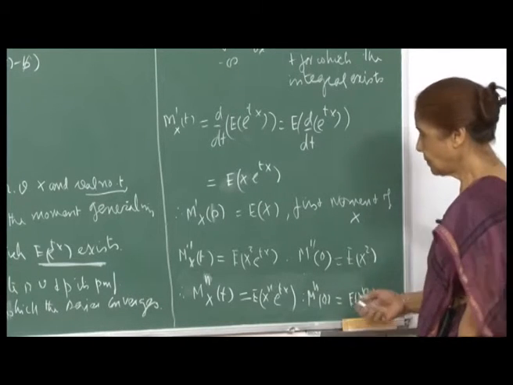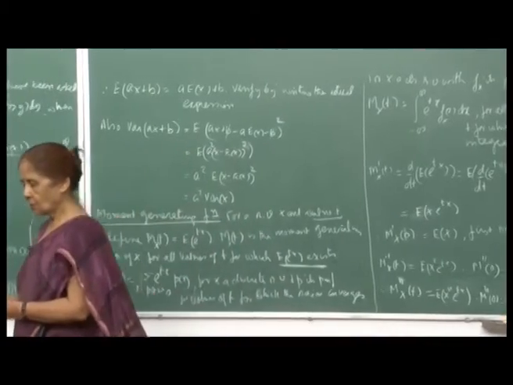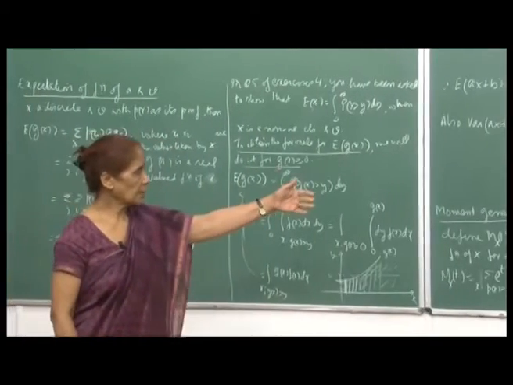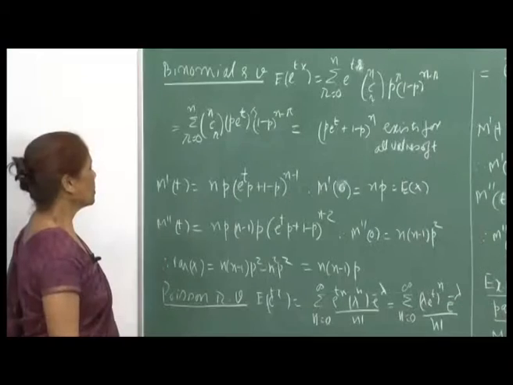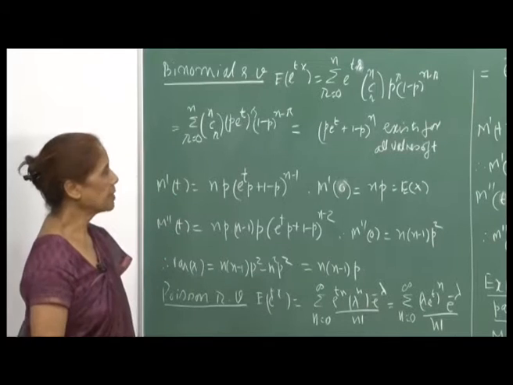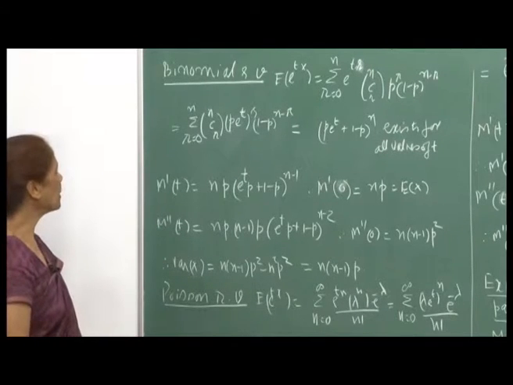That means, if you just compute the moment generating function, you can get the information about all the moments through this formula. So, let me now start applying the definition of the moment generating function to special random variables that we have gone through so far.